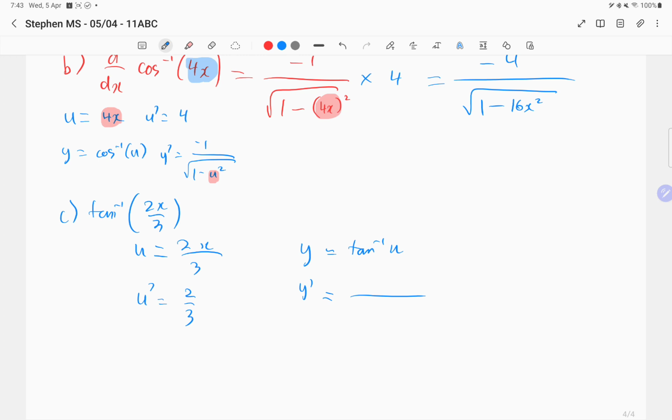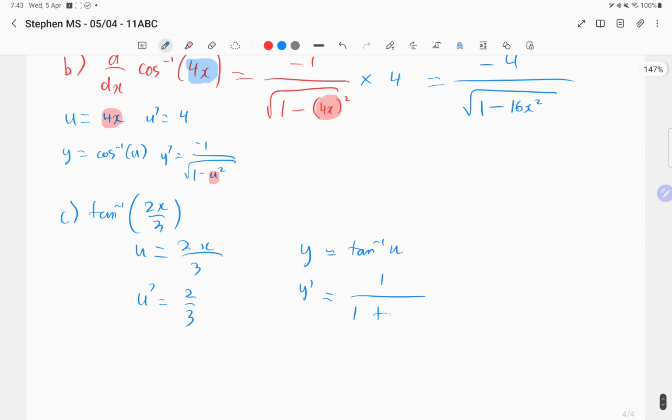The idea is you let the whole function be u, so you don't need to worry about deriving that function yet. You just deal with inverse tan of u, differentiating with respect to u. Make sure you write dy over du.